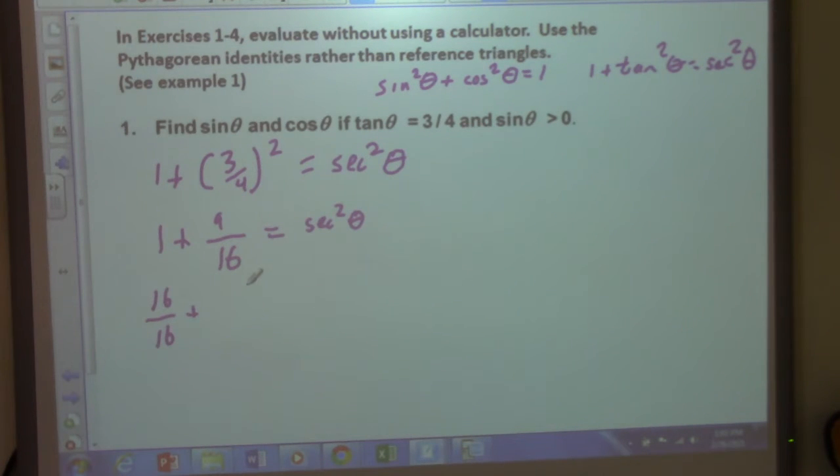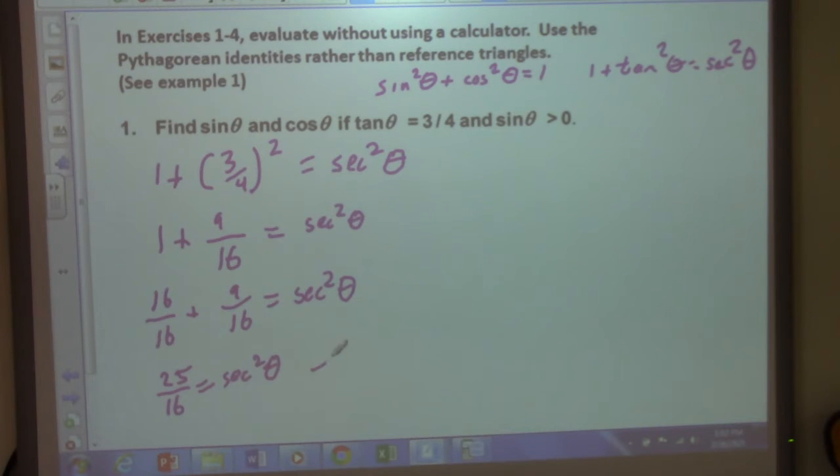So we have 16/16 plus 9/16 is equal to secant squared theta. What now? Yeah, so we have 25/16, right? Equals secant squared theta. Okay? What now?